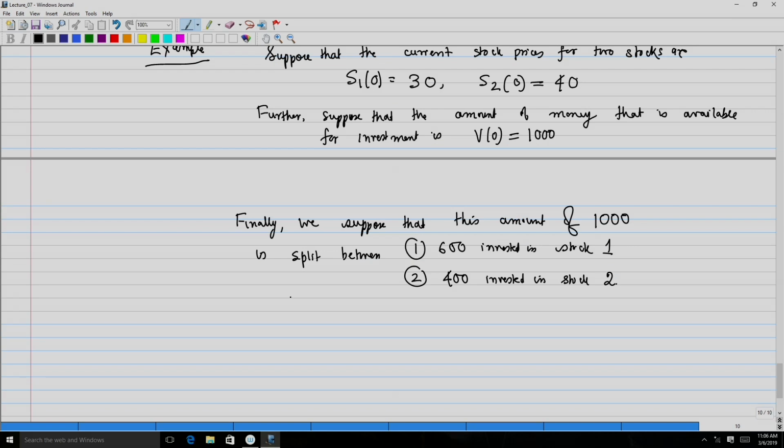So, that means what? If I invest an amount of 600 in stock 1, what was the price of the stock?